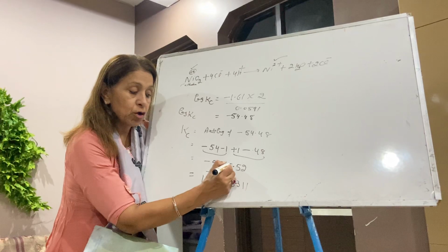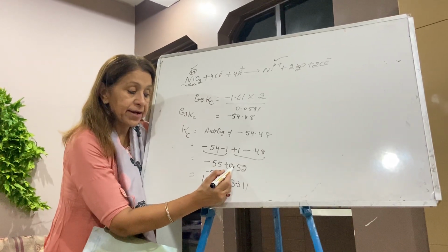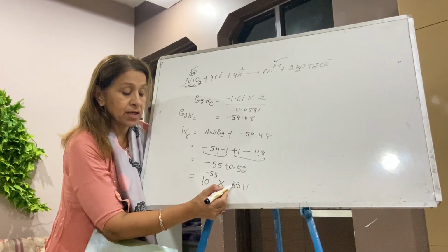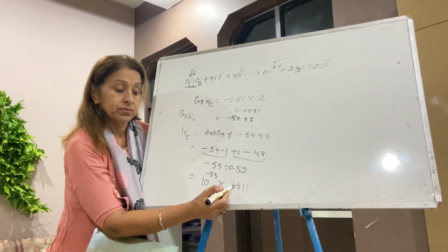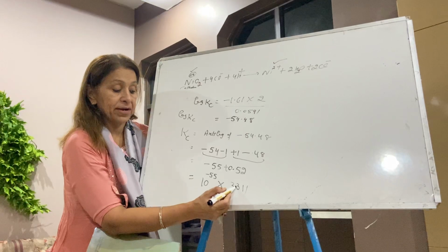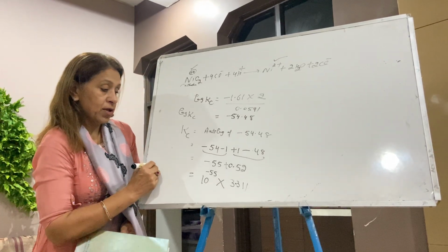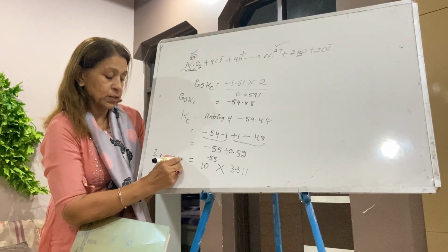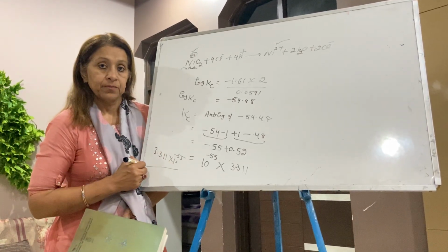Because it is 0.52, before the decimal there is a 0, 0 plus 1 is 1, and this is after the decimal. That is after 1, always put one decimal. So that comes 3.311 into 10 raised to power minus 5 is the answer.